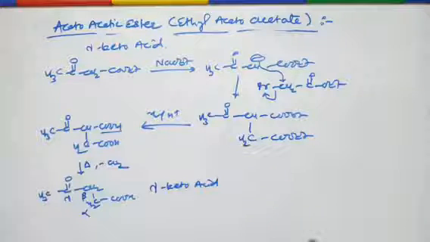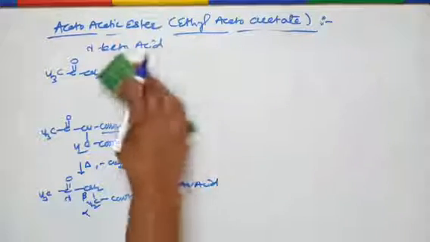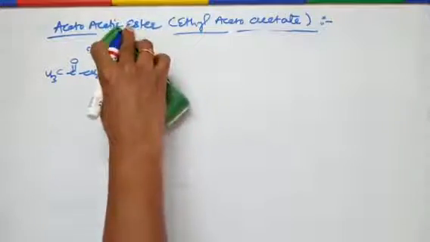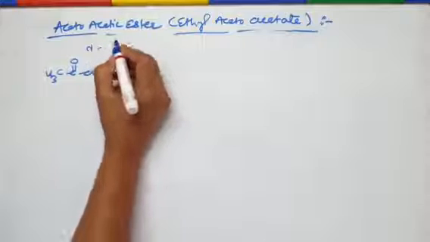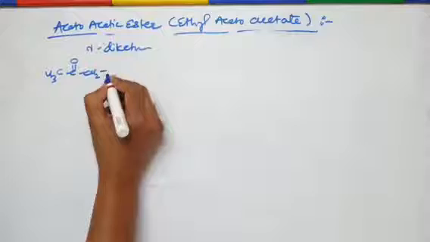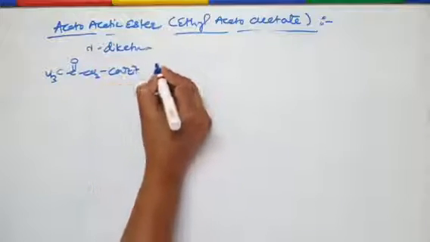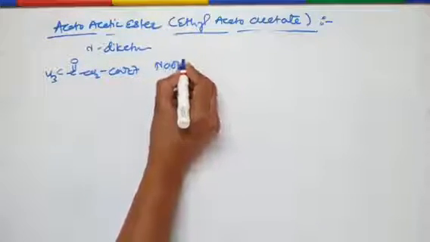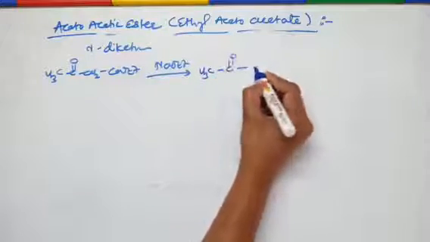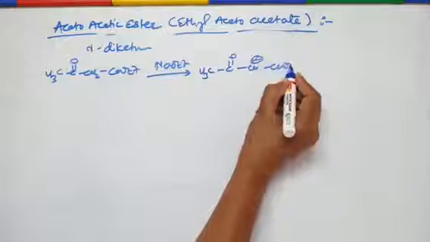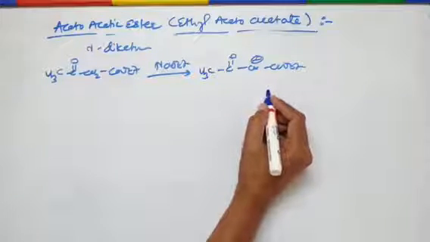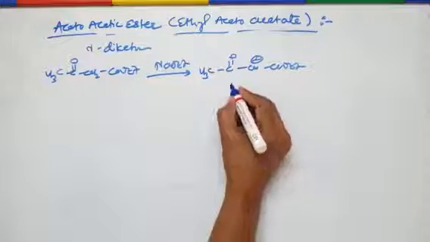Okay, now the next synthesis is the synthesis of gamma diketone. Here there is a gamma keto acid. Now for gamma diketone, you have to treat this ethyl acetoacetate carbanion with the alpha haloketone.